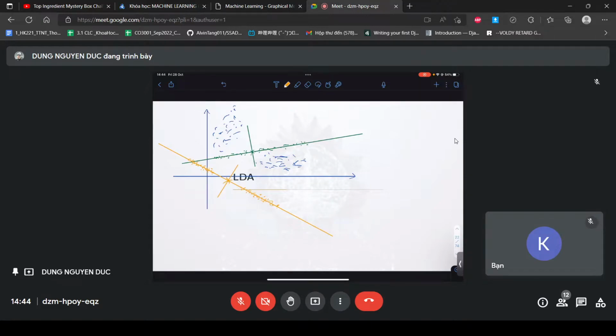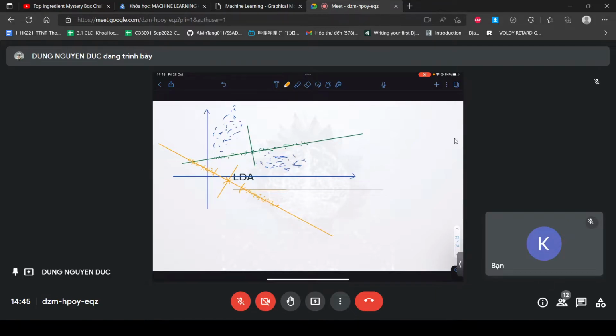However, the good thing about this one is the gap between the two classes now is bigger, just like a support vector machine, you know. So if I want to project my data for the purpose of classifying them, then I would choose the orange line over the green line. Okay, and that's the purpose of LDA. We are interested in finding a projection of data so that your data are helpful for classification.